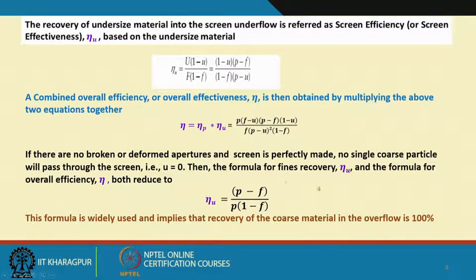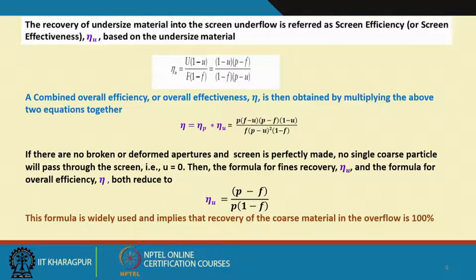So, then the formula for fines recovery and the formula for overall efficiency both reduce to this form. So, whether it is the overall recovery or overall efficiency or the underflow undersize efficiency, they get into this form. So, this formula is widely used and implies the recovery of the coarse material in the overflow is 100%.